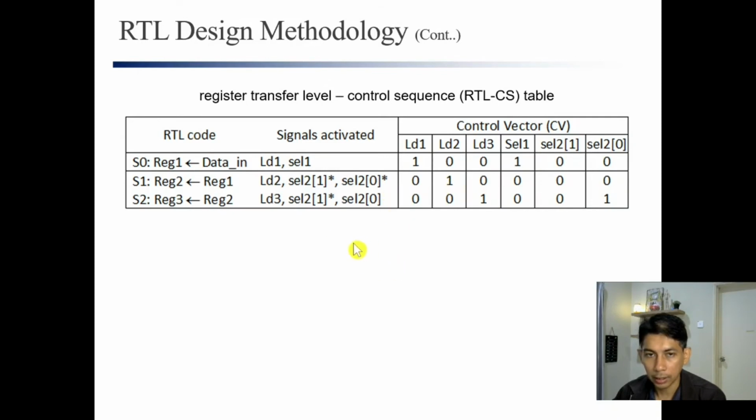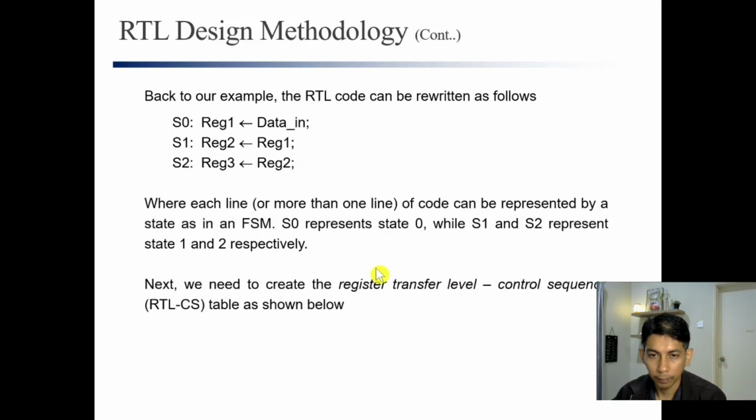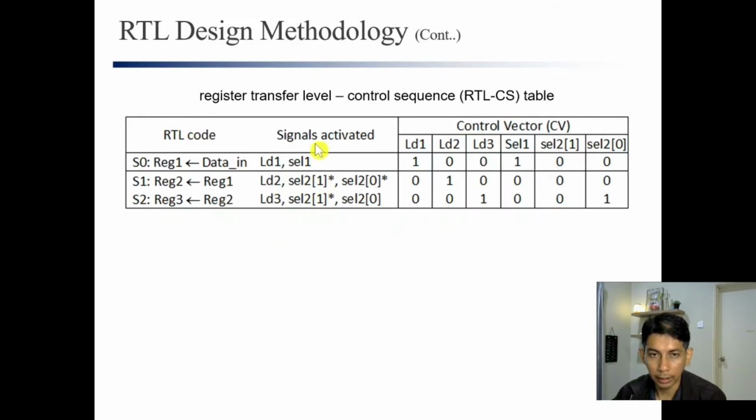This will transfer the data into REG2. The activated signal here is LD2 equal to 1. The star here means inverted, or not activated, meaning this is 0. This one must be 0, 0, 0.